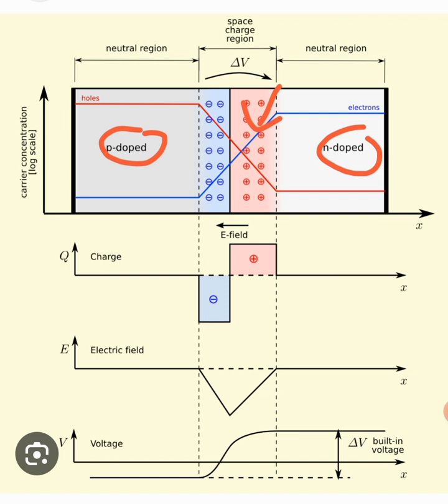P type semiconductor is filled with plenty of holes and N type semiconductor is available with plenty of electrons. So the majority charge carriers in P type semiconductors are holes and the majority charge carriers in N type semiconductors are electrons.